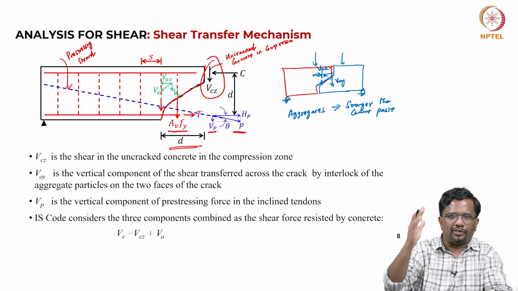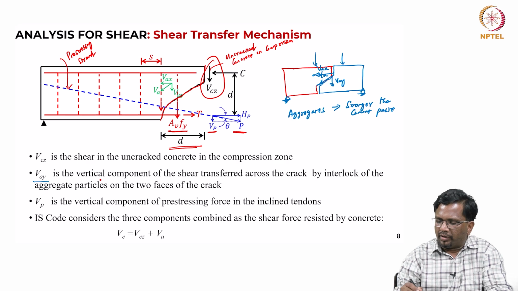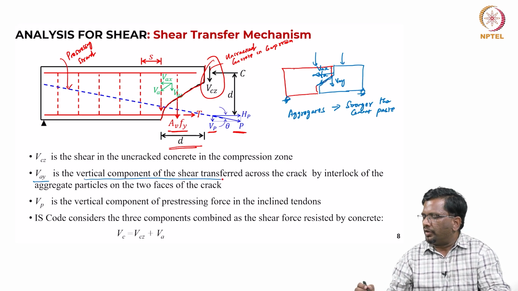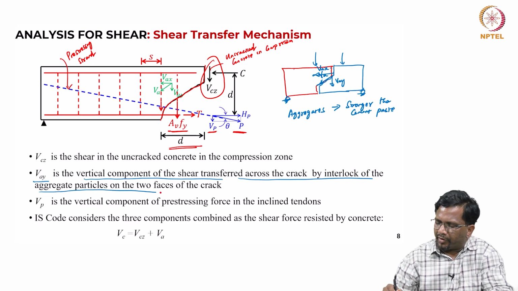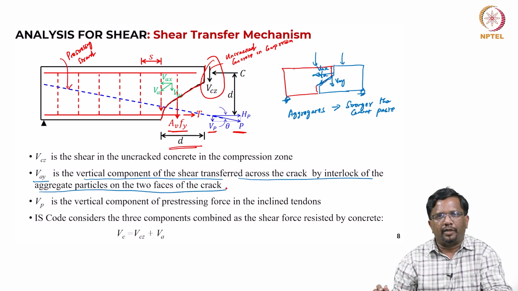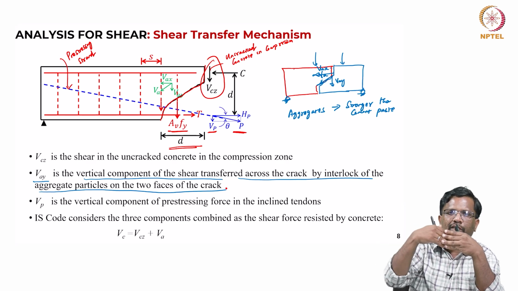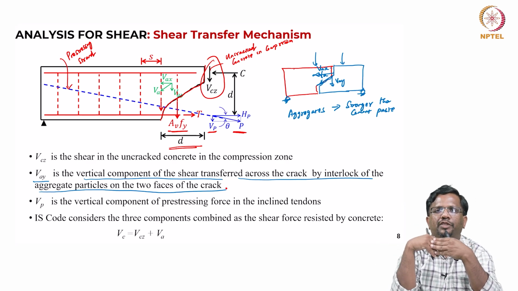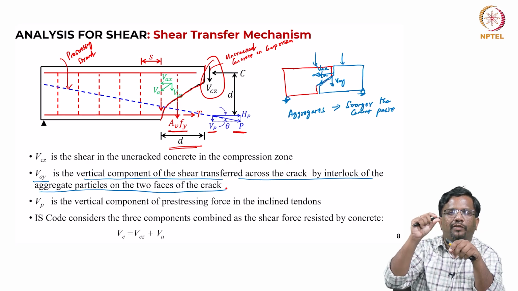Now, for vertical shear resistance, the vertical component of the shear will be transferred across the crack by interlock of the aggregate particles between the two faces of the crack, because the surface is not going to be smooth. So, when shear force is acting, there will be a lot of shear transferred across the interface of the crack, when the crack widths are very, very small.